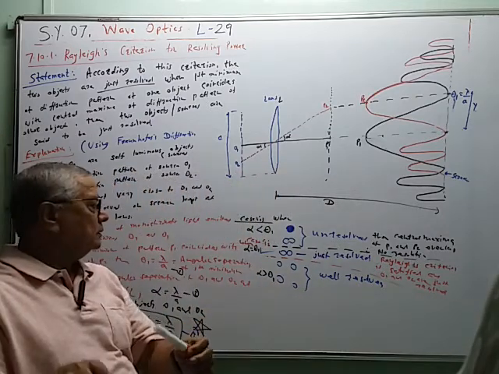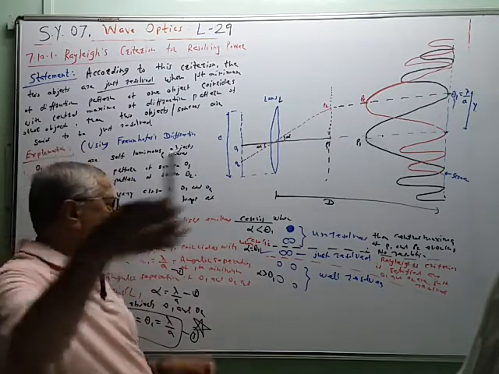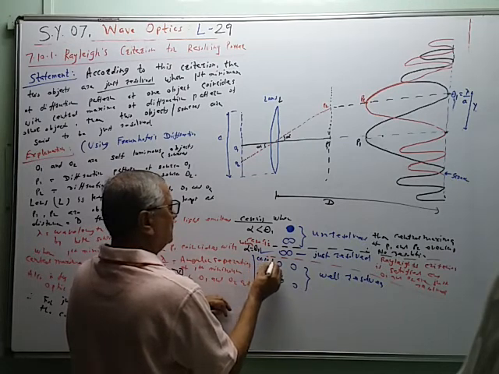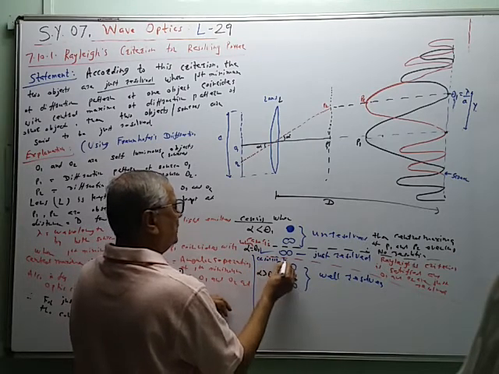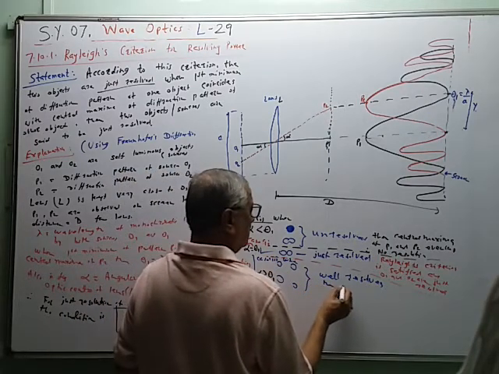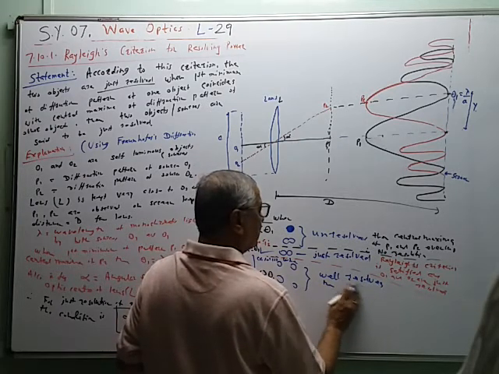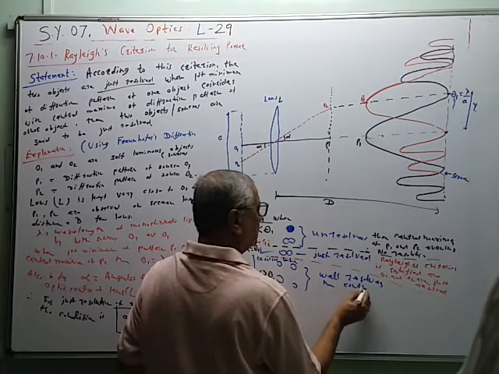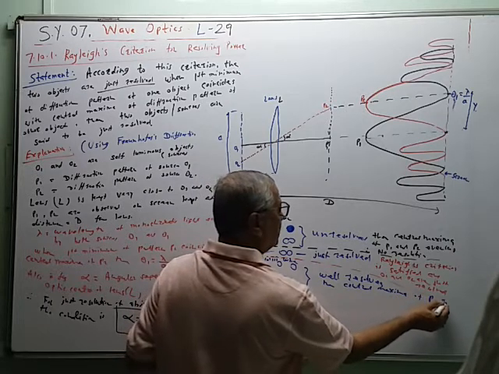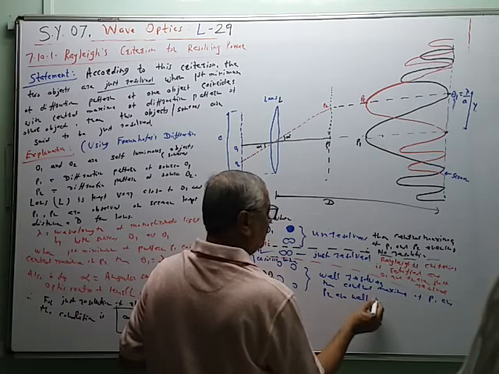And case number 3. When alpha is greater than theta 1, then the two maxima, the central maxima of P1 and P2, are well separated.